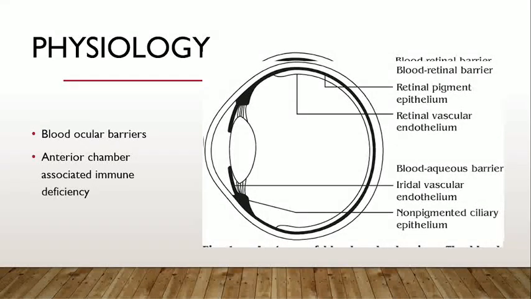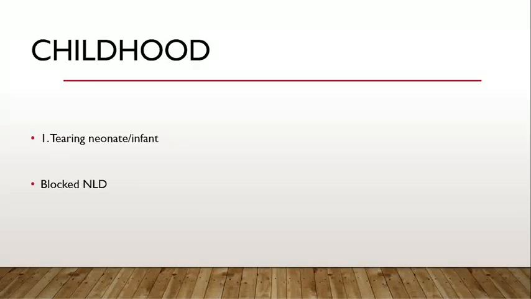In front you have the retina. You also have the retinal vasculature, which has tight endothelial junctions and doesn't allow the blood to leak through. And in the anterior chamber you have the non-pigmented epithelium, which doesn't allow the fluid to leak through unnecessarily.